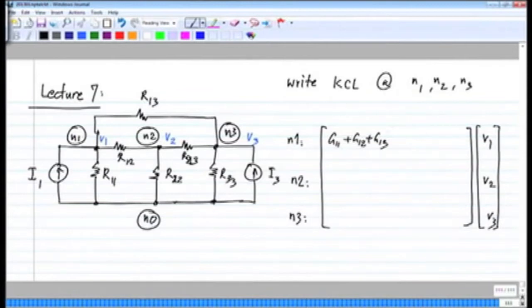The diagonal element A11 of the matrix corresponds to the total conductance connected to node 1, which is G11, the reciprocal of R11, G12 and G13. Similarly here, this element 22 will consist of G22, G12 and G23. And finally here in this position we have the total conductance at this node.